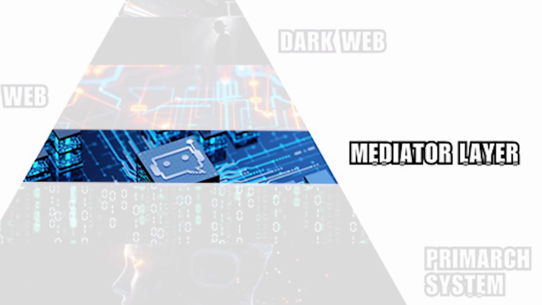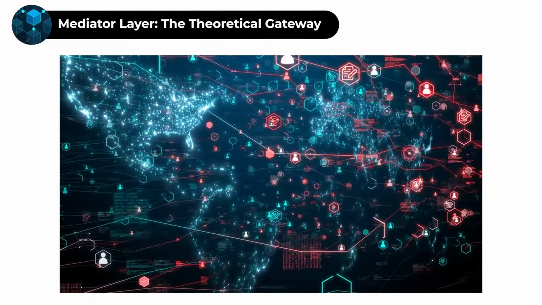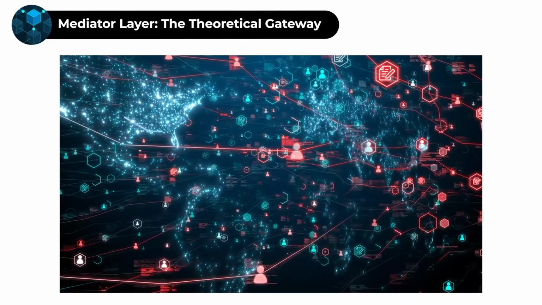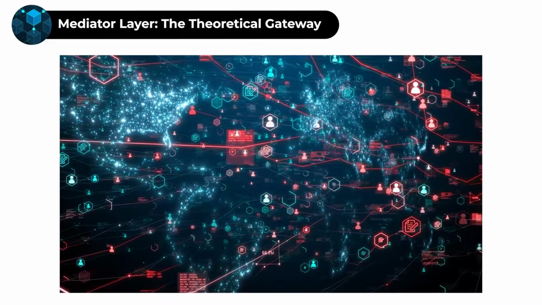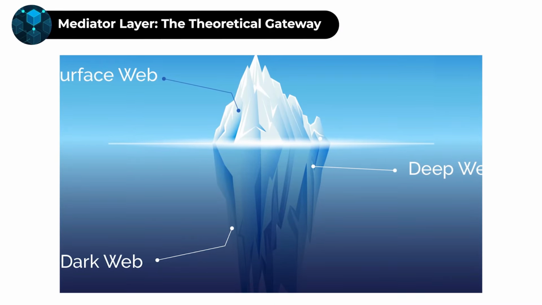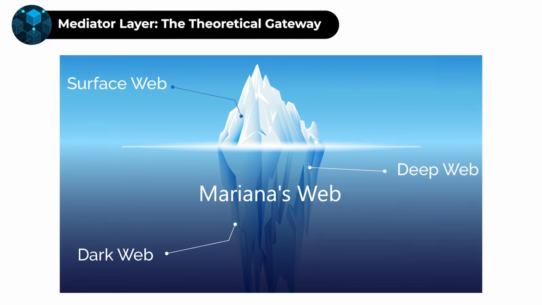The Mediator Layer, the theoretical gateway. The Mediator Layer, often referenced in speculative internet models rather than official networking standards, is described as a transitional zone between the more accessible layers of the internet, such as the surface web, deep web, and dark web, and the deeper, more obscure layers like the Mariana's Web.